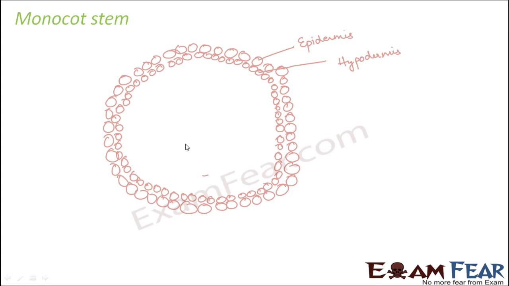There is no endodermis here. Instead, we have vascular bundles arranged something like this. The green colored are the xylem and the red ones are the phloem. So each vascular bundle is present and all the vascular bundles are just scattered all around, right?